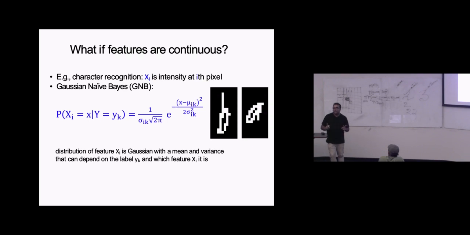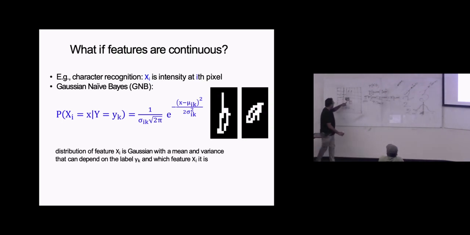Yes, the mean, where it's centered, and the variation. A Gaussian distribution looks something like this. You have a mean, you have a variance. If all the values are exactly the same, the Gaussian will look like a straight vertical line, with no variance. But if it has a large variance, the distribution will look something like this. So you need mu, the mean, and you need to estimate the variance.